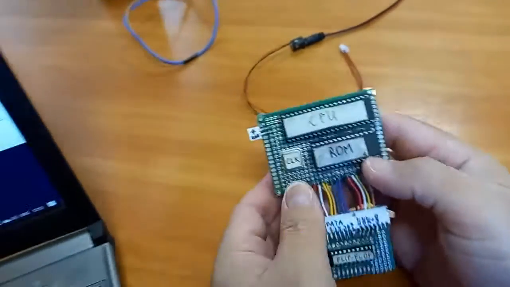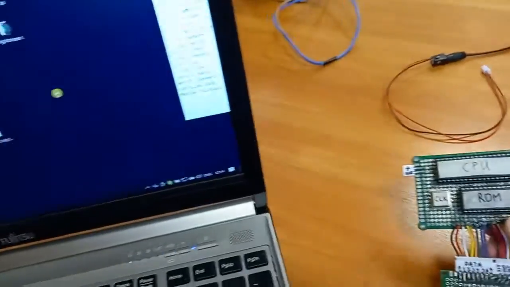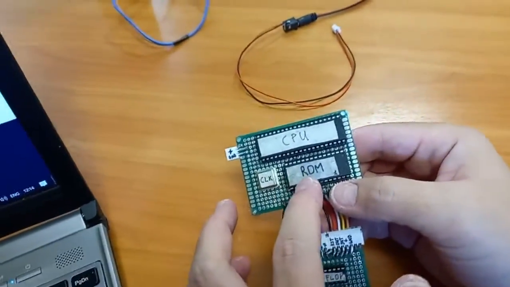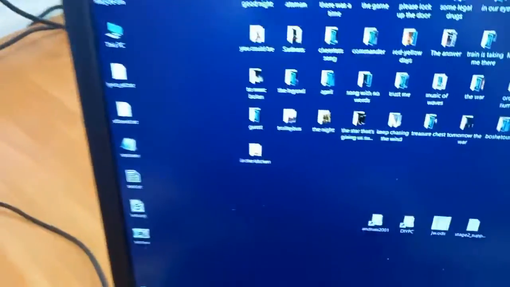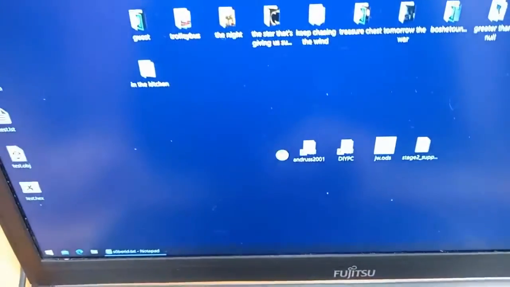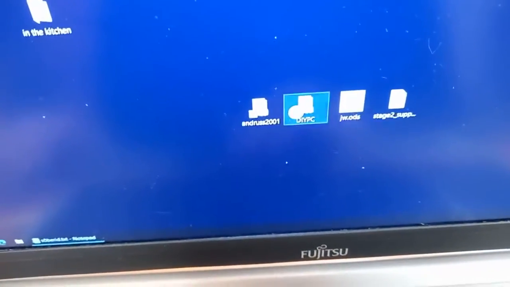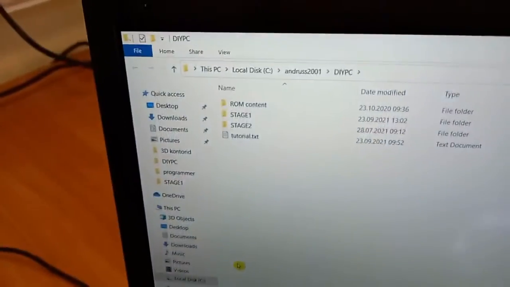And these 5 bytes that we saw, we'll take a look at them once again.